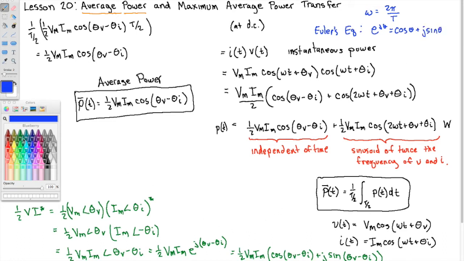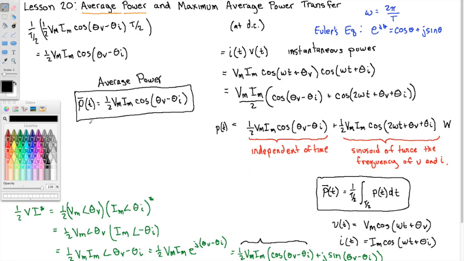Alright, now let's compare this result to our average power. Okay, and you see the first term, here's the real part, because there's no j here. This is the imaginary part. So the real part is the average power. See that? Make that comparison there.